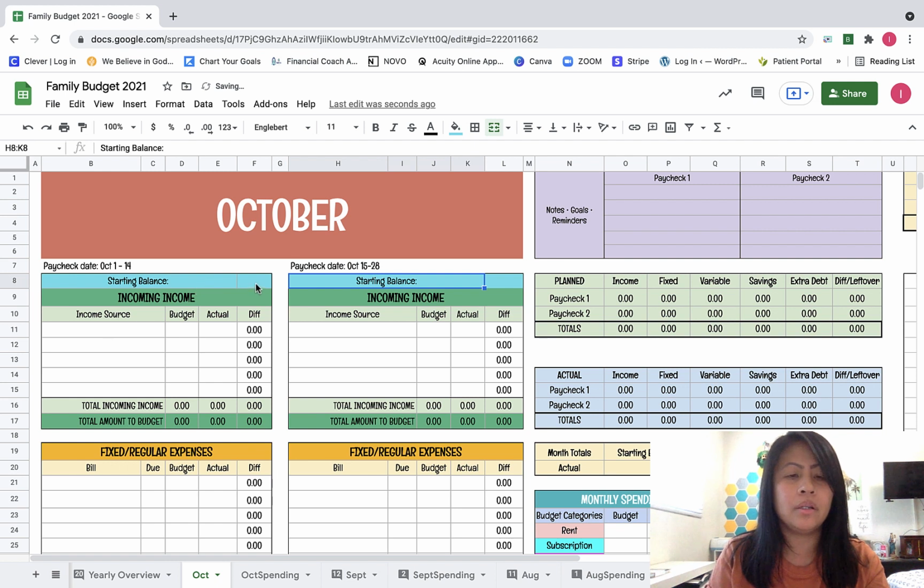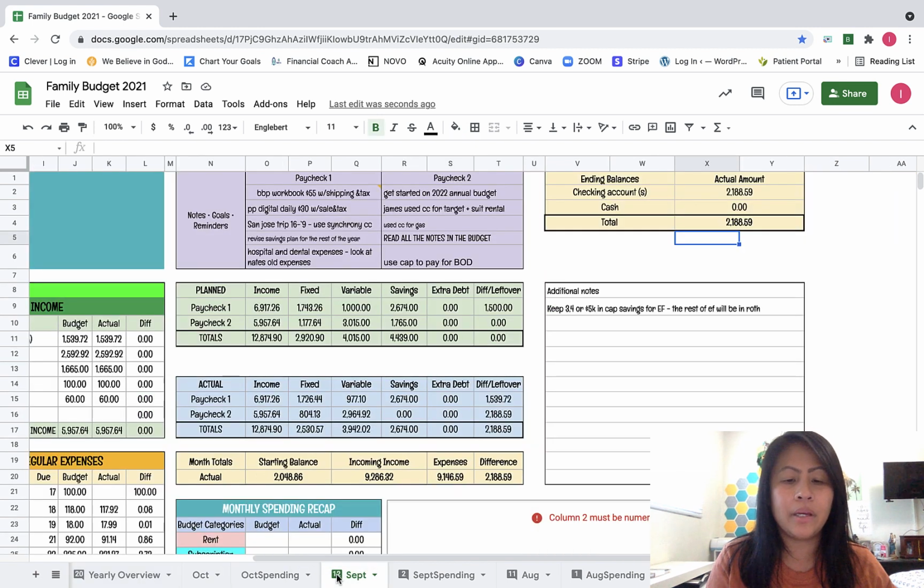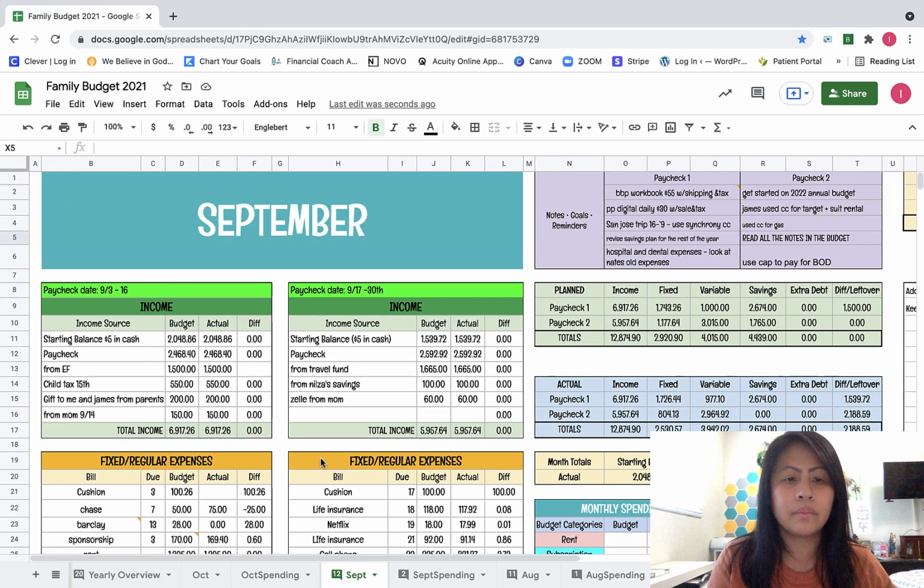And then our starting balance, I'm going to add on here. I did break it down compared to what I usually do because I like to see what the actual incoming income is versus the total amount to be budgeted for. But that's just me. So starting balance, I'm going to grab that from September.